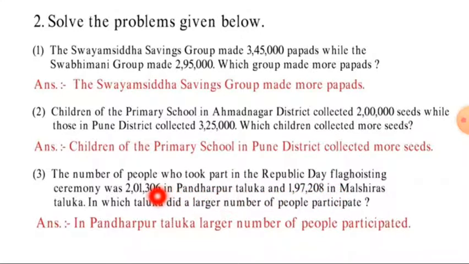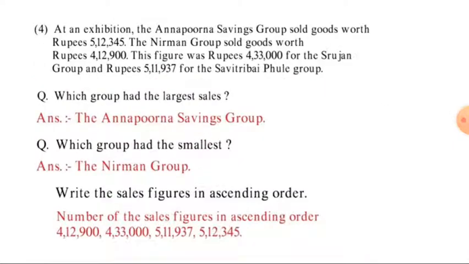Now students, in Pandharpur, 2,01,306 people participated, and in Malshiras, 1,97,208. So, in which taluka did more people participate? Pandharpur. So the answer is Pandharpur Taluka, a larger number of people participated. Now, the next question. Copy the fourth question.